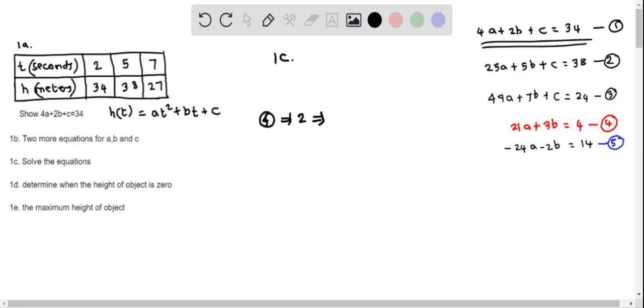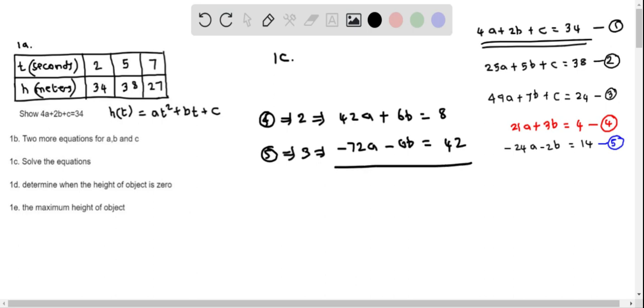When I do that, I get 21 times 2 is 42a, plus 3b times 2 is 6b, and 4 times 2 is 8. And for equation 5, I'm going to multiply by 3. So negative 24 times 3 is negative 72a, and minus 2b times 3 is negative 6b. This is equal to 14 times 3, which is 42.